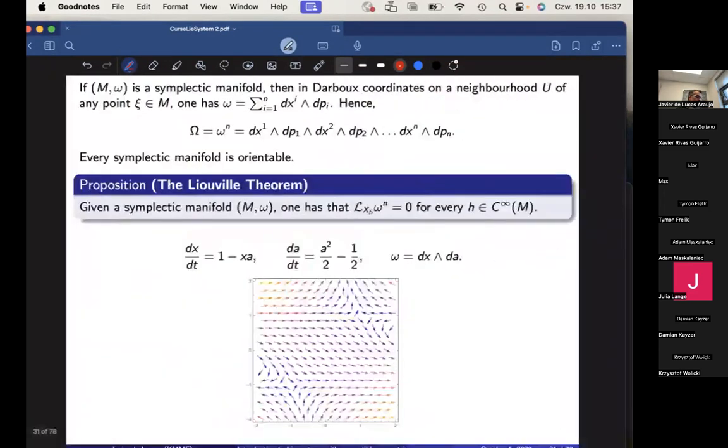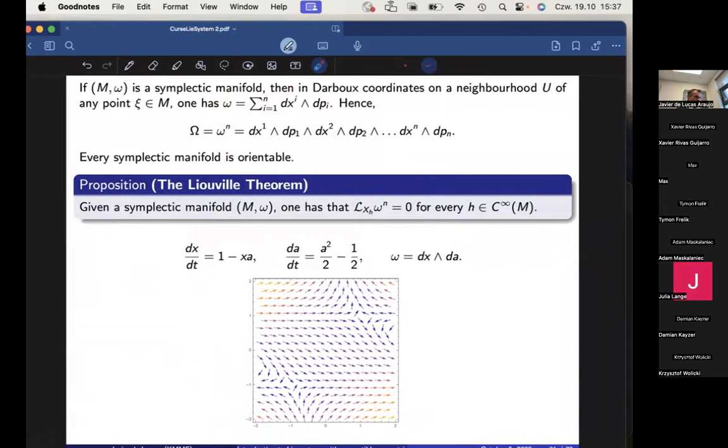Another thing that happens in symplectic geometry is that when you have the symplectic form in this way, you can make the exterior product of the symplectic form with itself n times.